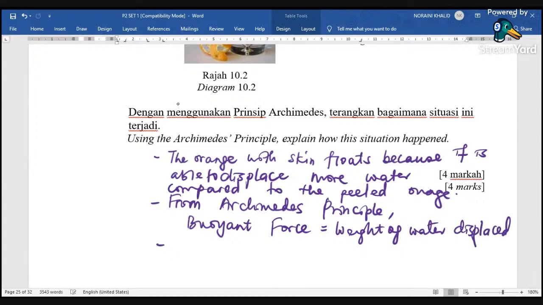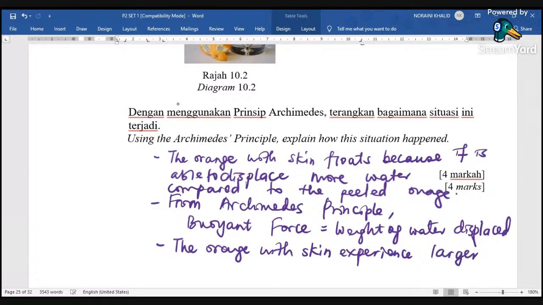Thus, we can say the orange with skin experiences larger buoyant force.